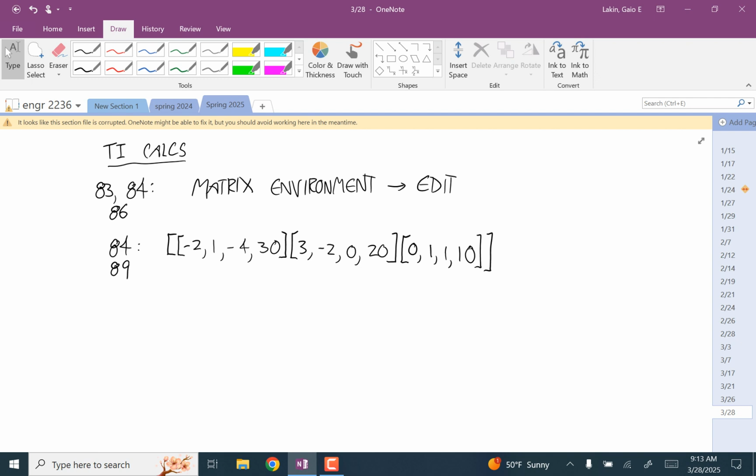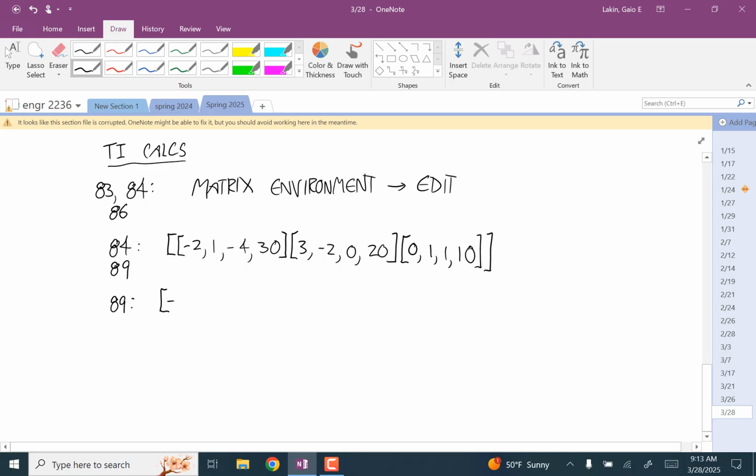And then the 89 has another way that you just save some keystrokes, where you just use a square bracket for the matrix, and then the rows, instead of square brackets inside this, are delimited by semicolons.